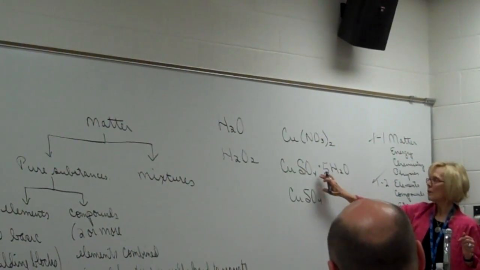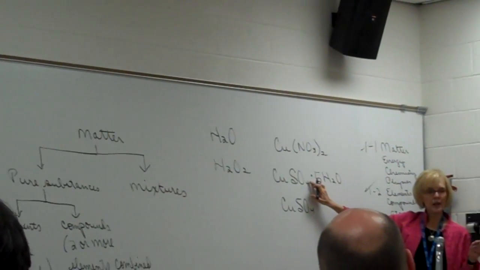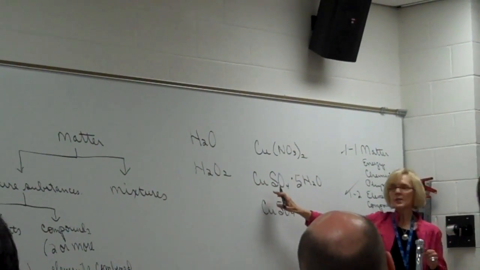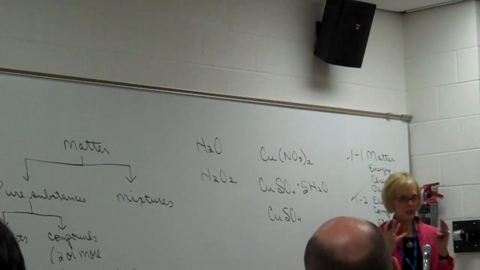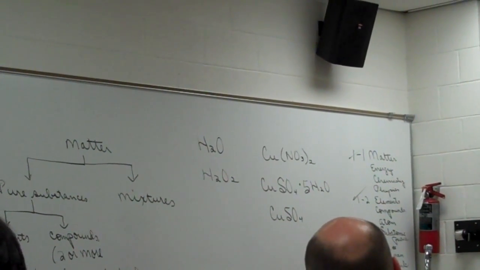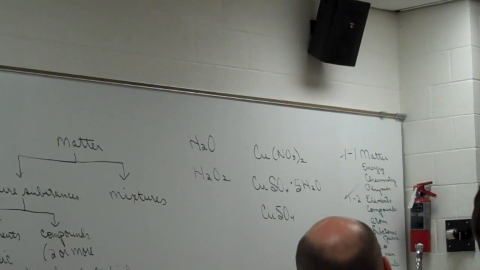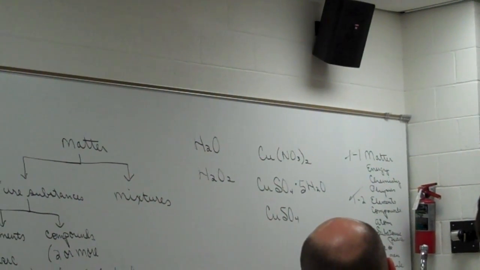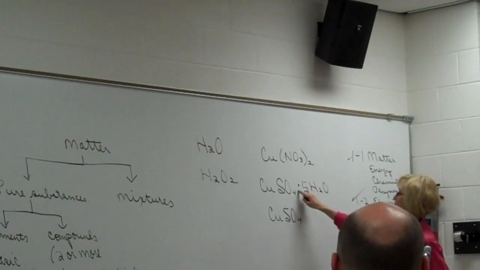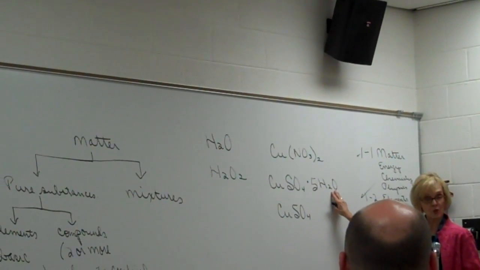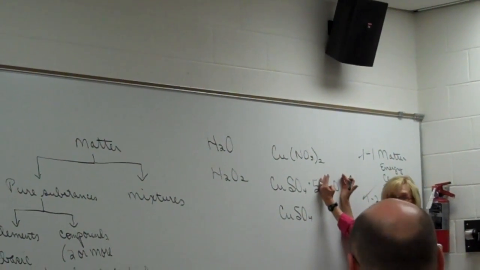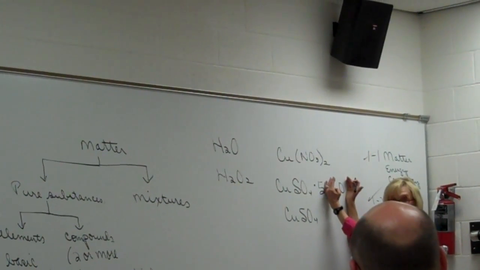What's happened here? This is referred to as water of hydration, and when this copper sulfate has formed, it's trapped water in the crystals of it in a definite ratio. So it's actually a part of the formula. It means 5 waters. That's essentially very similar to the parentheses trick.